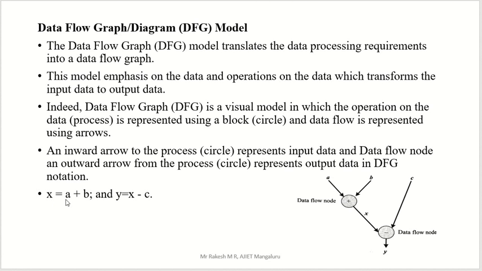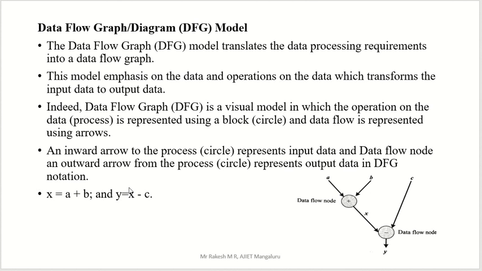Here x is equal to a plus b. We perform an operation to get x, which is the output. In order to get output x, we perform this operation on a and b, so the meaning is a plus b, and you will get answer x.